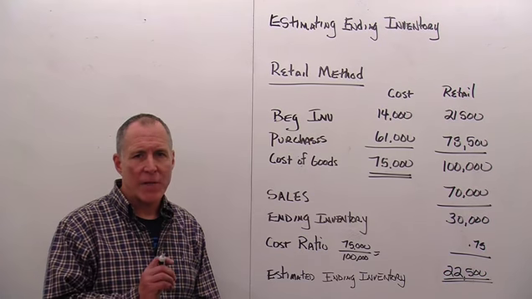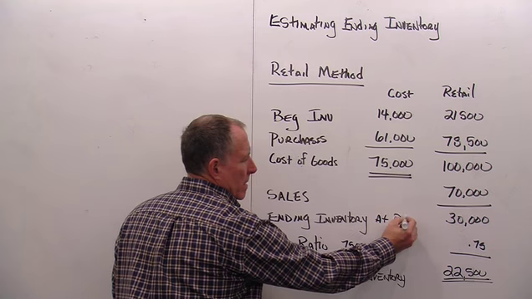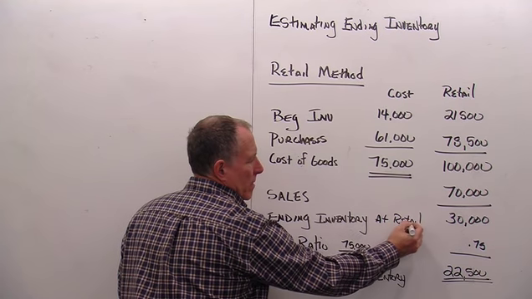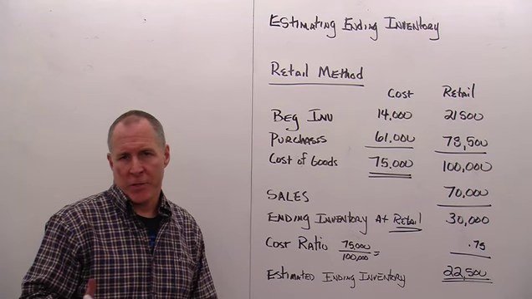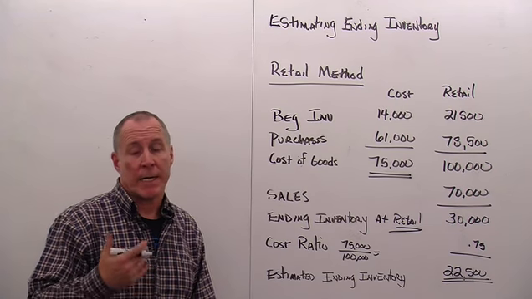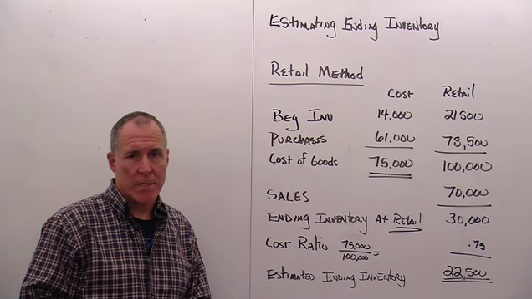But that 30,000 is at retail. That's not a figure that I can use. I need ending inventory at cost.